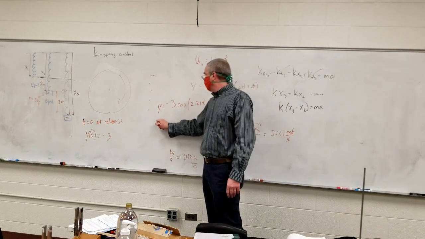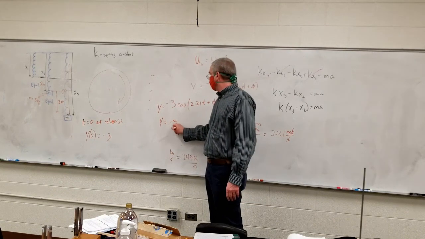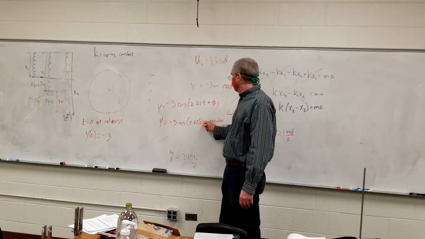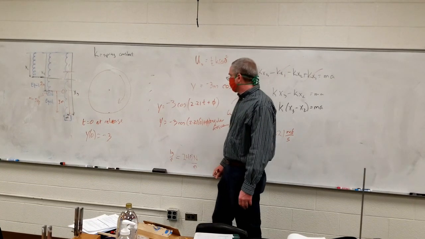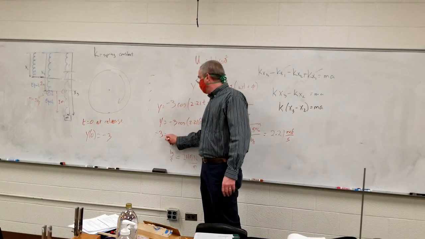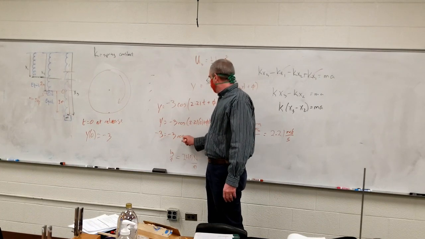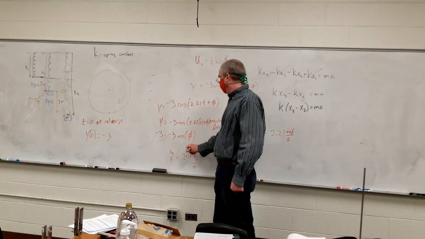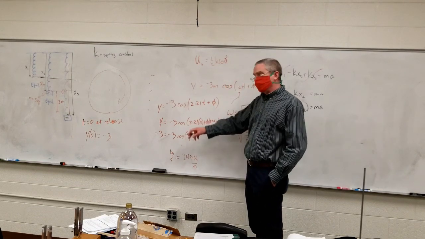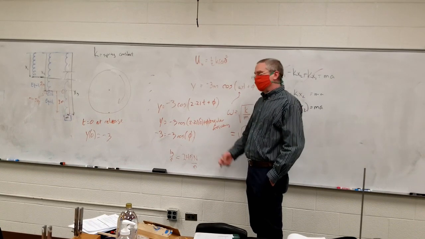At time equal to 0, this becomes y equals -3 times the cosine of 2.21 times 0 plus phi. You just told me that this is equal to -3, so -3 equals -3 cosine of 0 plus phi. What is phi so that this is true? 0. Yeah.